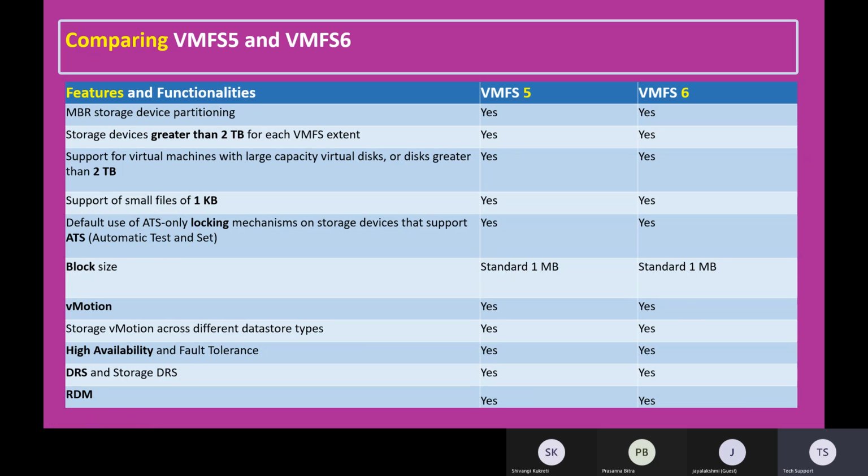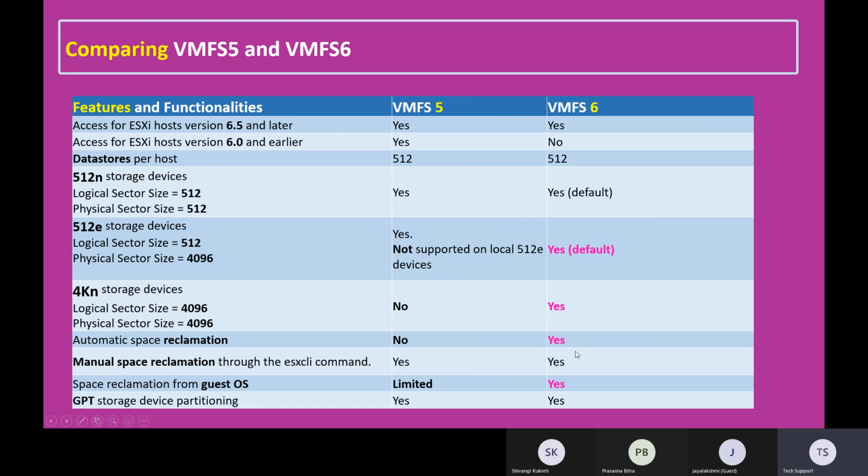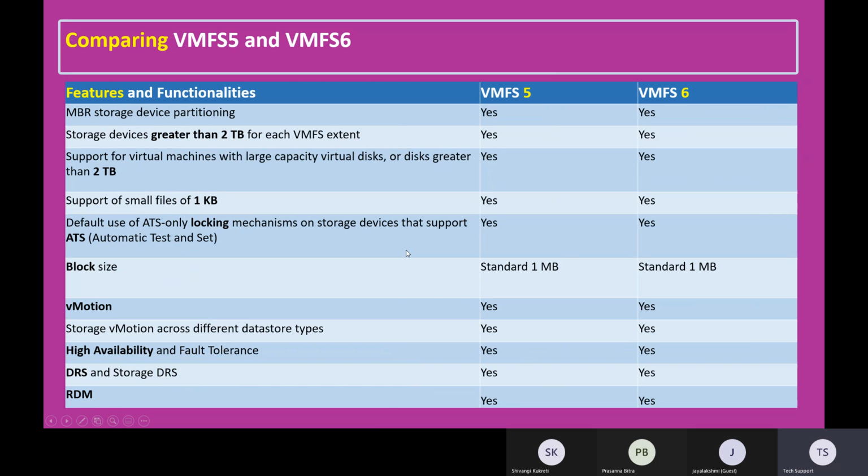So both VMFS 5 and 6 main comparisons are highlighted in the first slide, and the key point is that automatic space reclamation functionality is available only in VMFS version 6. It's not available in VMFS version 5. Okay. So now we can start discussing the iSCSI storage architecture.